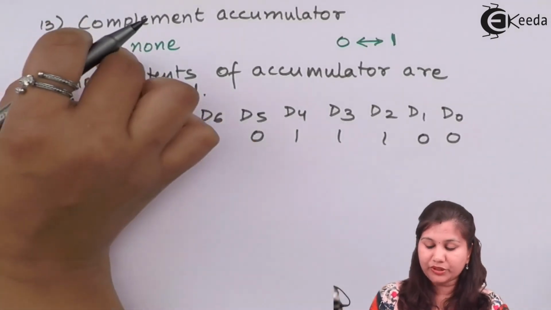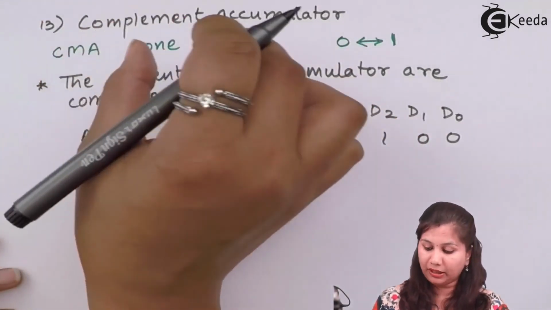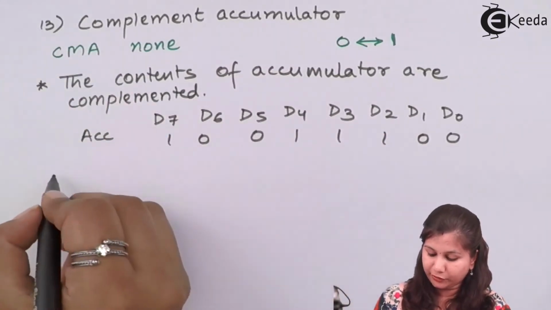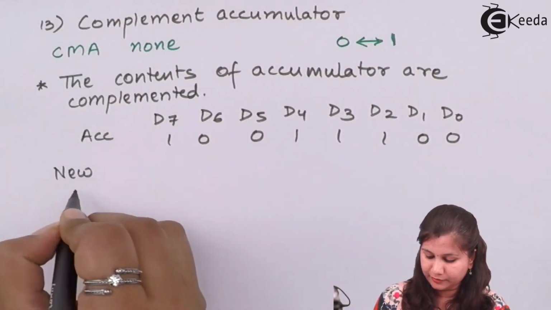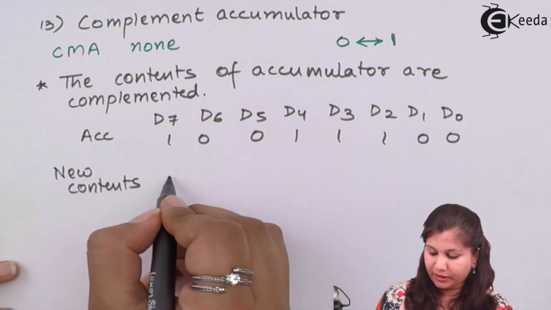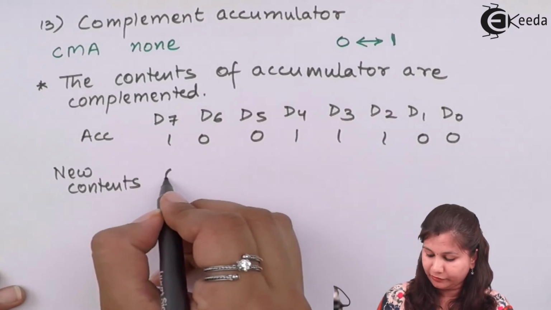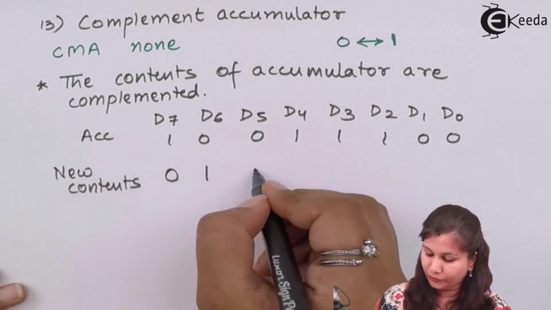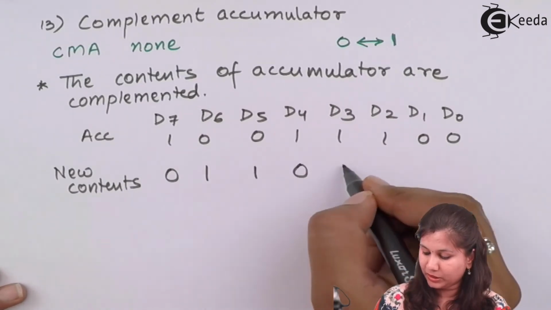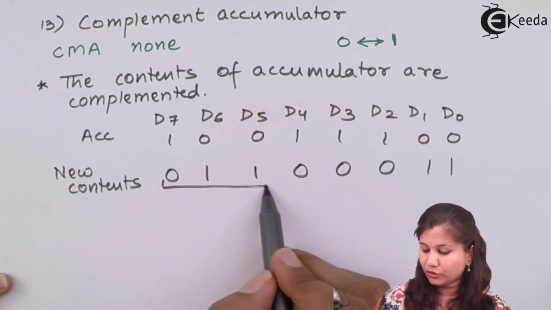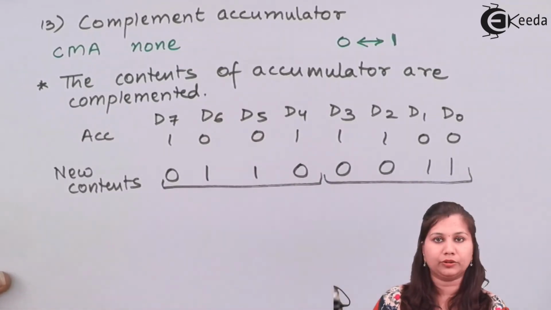Now when we use this instruction, complement the accumulator, that is CMA, the new contents of the accumulator are: 1 will be complemented, it will become 0, 0 is complemented, it will become 1, 0 will become 1, 1 will become 0. So this is the new contents of the accumulator.